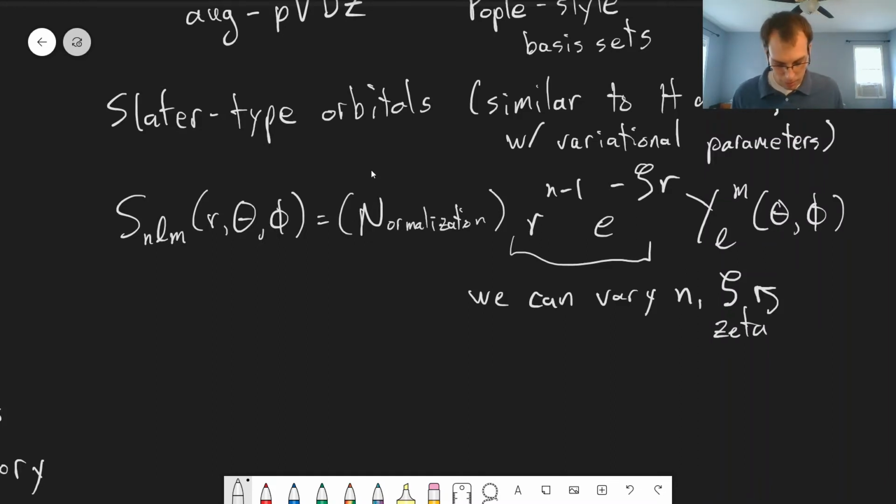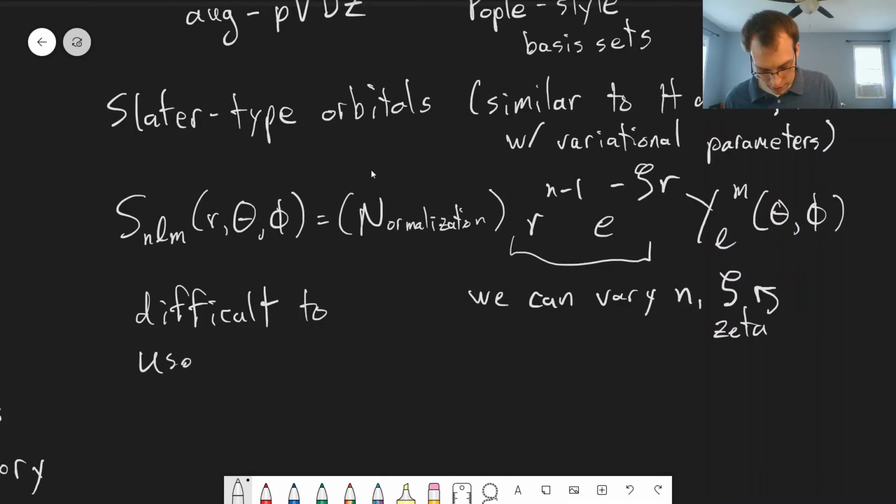The problem with Slater type orbitals is that they're difficult to use with computers. We have to compute a lot of integrals, as you've become aware of over the course of the semester. It's not straightforward to calculate integrals involving these wave functions.